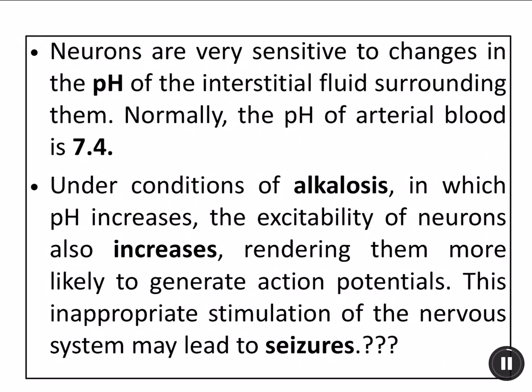And diseases: the pH of the blood is normally 7.4. In alkalosis, the pH increases above 7.4. This increases the action potential, and the disease is called seizures.